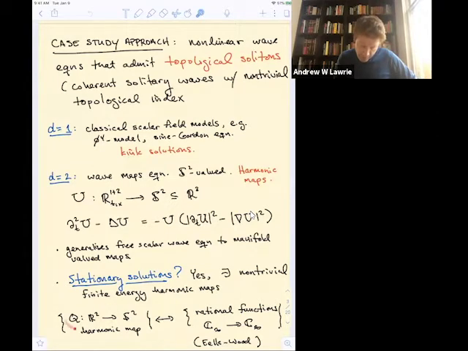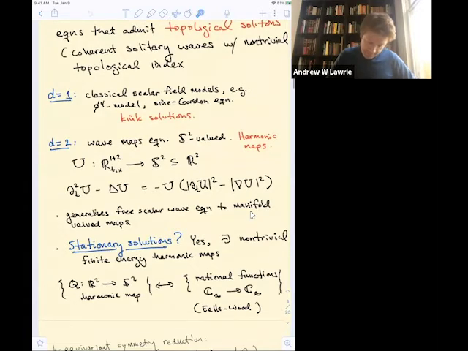A finite energy harmonic map from R2 into S2 can be identified with the rational functions from C infinity to C infinity. There's a classical theorem of Eels and Wood, which says that such a harmonic map must be holomorphic or anti-holomorphic, and so these are just the rational functions.